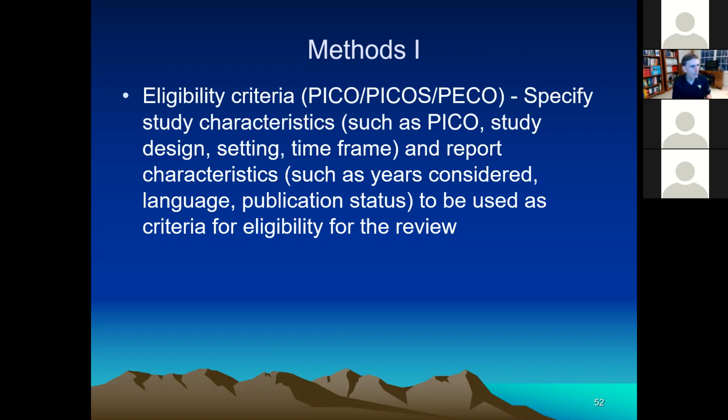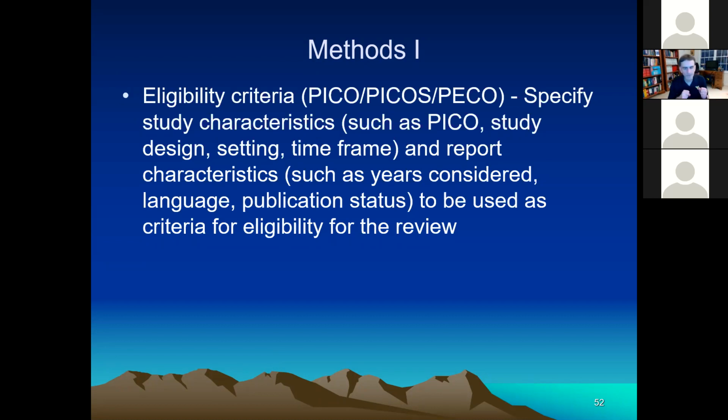So this is essentially what studies are you going to include? What types of studies are you going to include? Entonces, en esencia, esto se refiere al tipo de estudios que vamos a incluir en nuestra revisión sistemática y metaanálisis. So you want to specify your study characteristics, such as PICO. Entonces queremos describir las características del estudio utilizando el criterio de PICO.